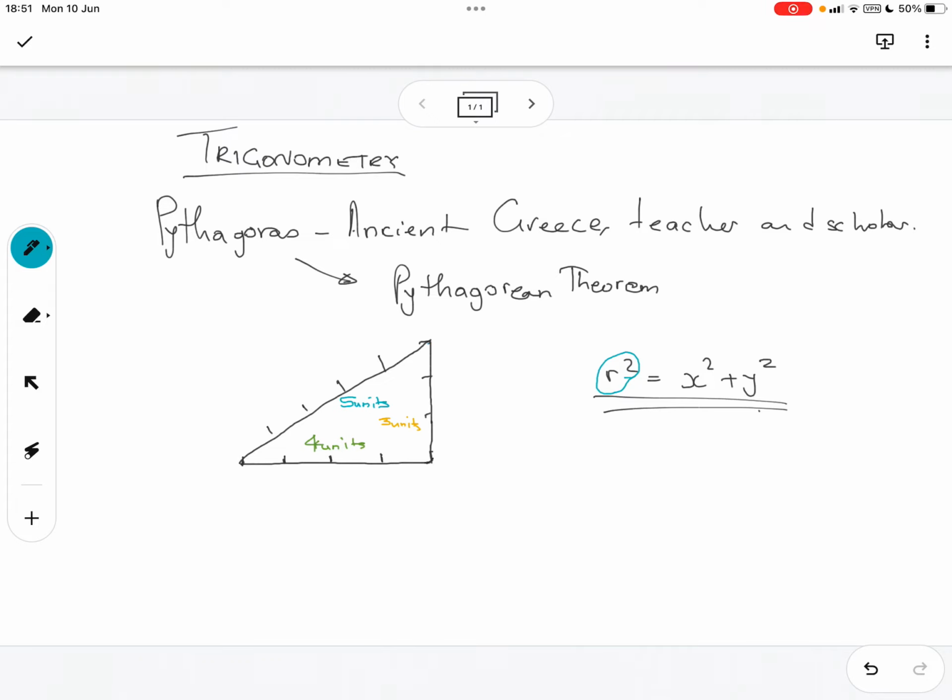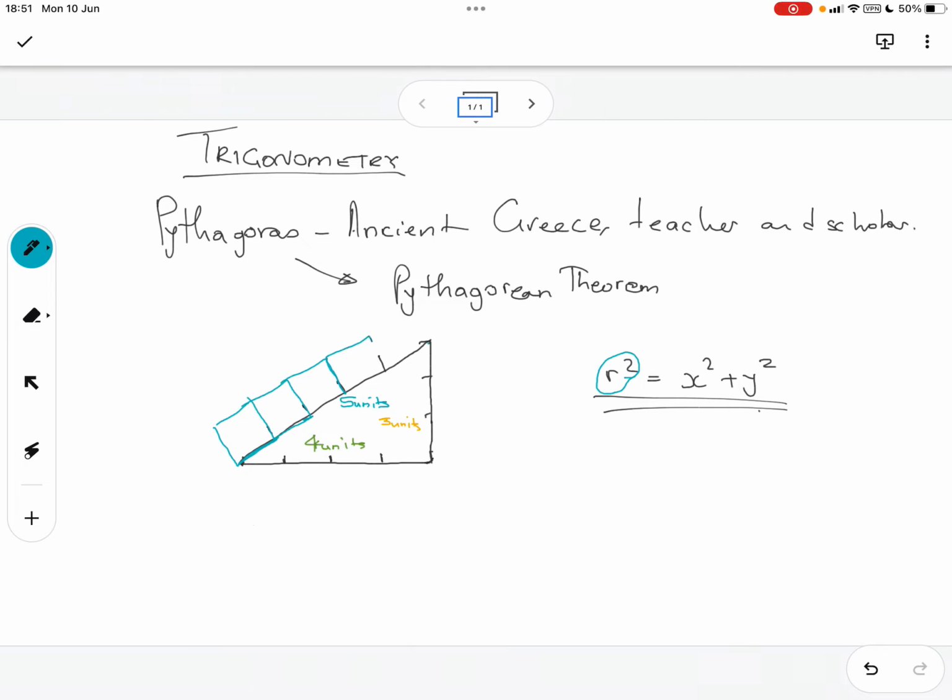If I square the length of a side, squaring means it moves from being one-dimensional, which is a line, to being two-dimensional, which is a square.